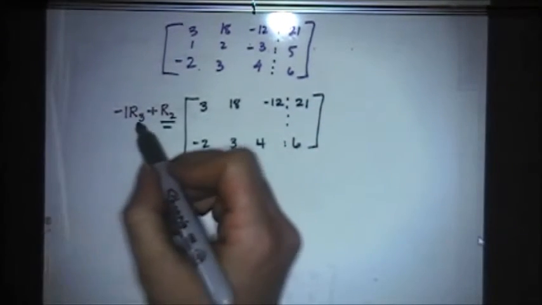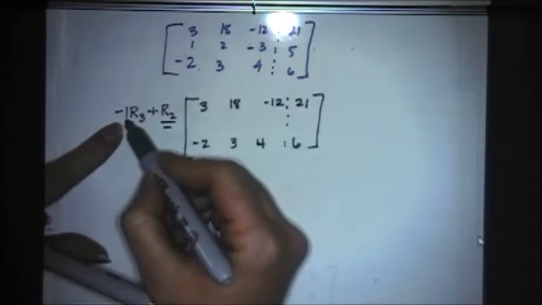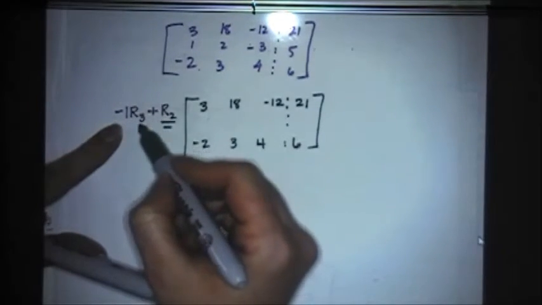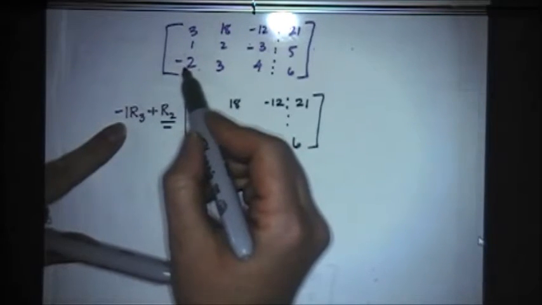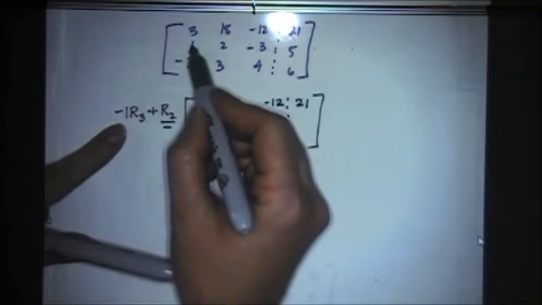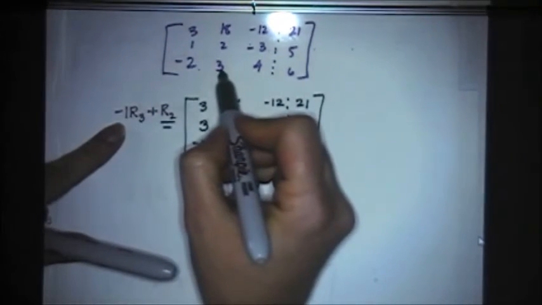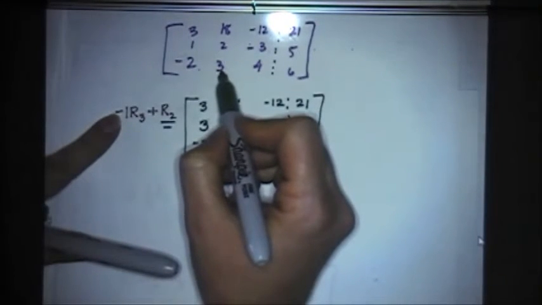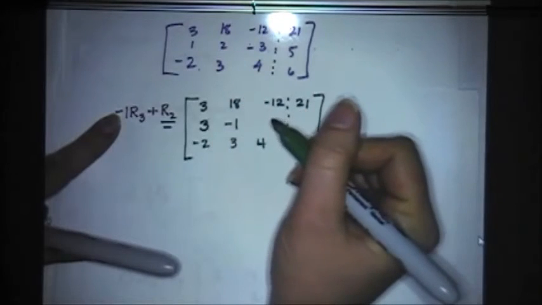Now my operation says I am to multiply row 3 by negative 1 and then add it to row 2. So let's see. Negative 1 times negative 2 gives me positive 2. I'm going to add that to this, and that would give me a positive 3. Negative 1 times 3 is negative 3. Add that to 2, and you get negative 1.